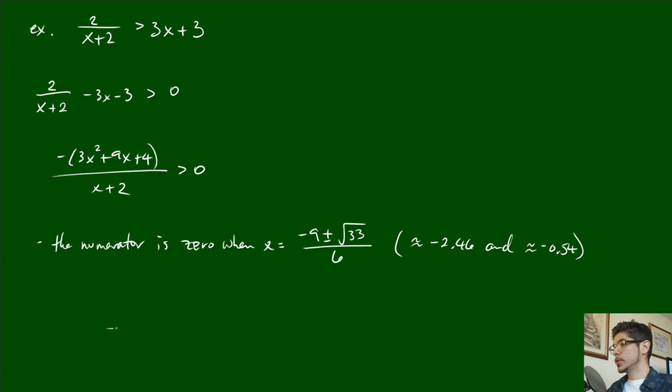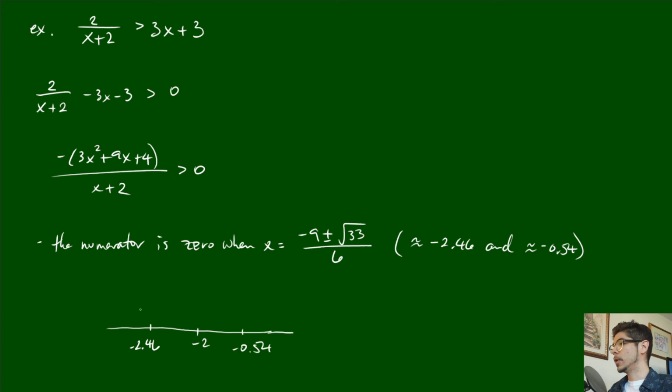After choosing suitable test points and determining the signs of the left side of the inequality, right? You have negative 2.6, negative 2.46, negative 2, and negative 0.54.